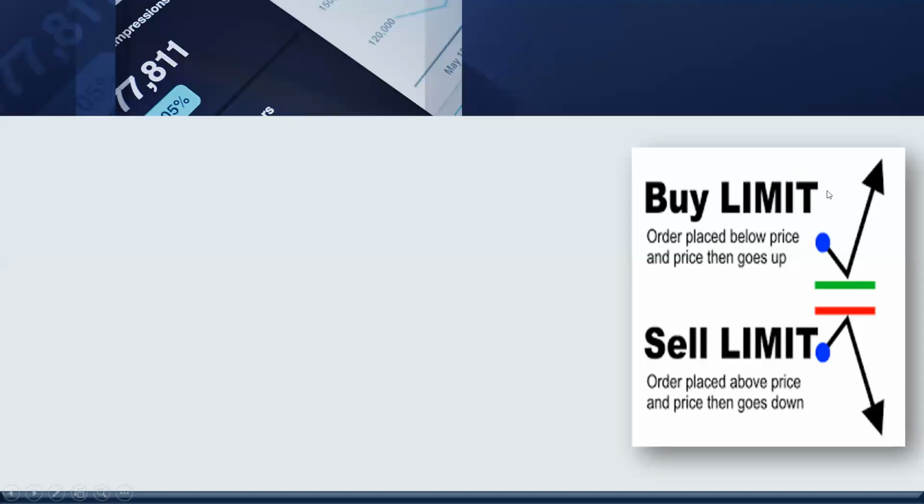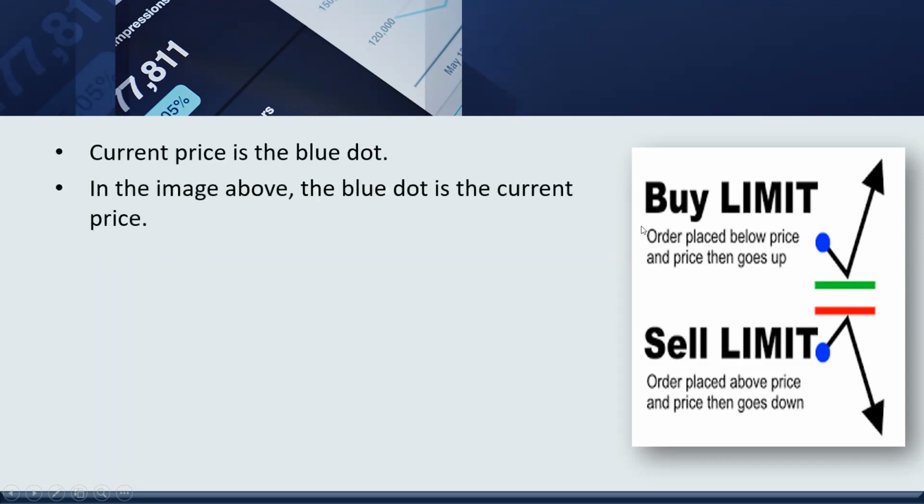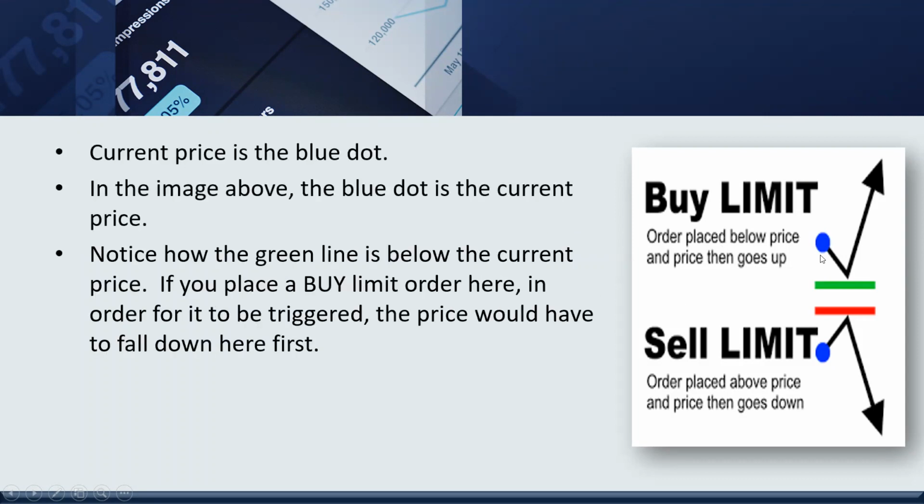Here, orders are placed below price and price then goes up. The current price is the blue dot, and you are anticipating the market to get to this green line for it to buy. Notice how the green line is below the current price.